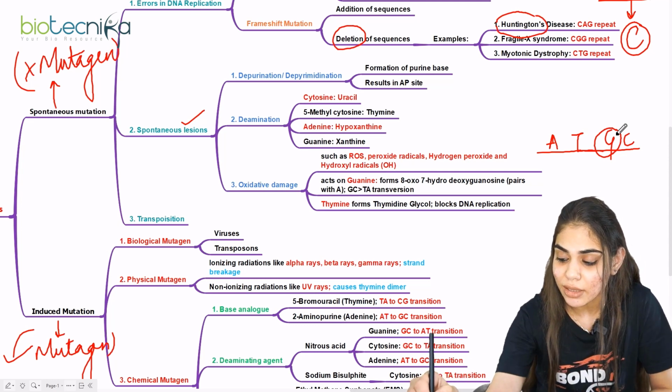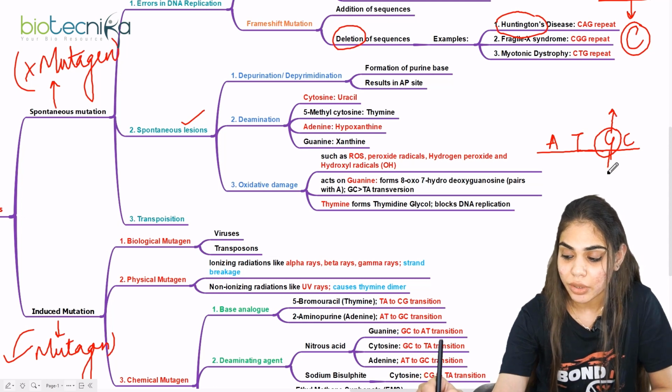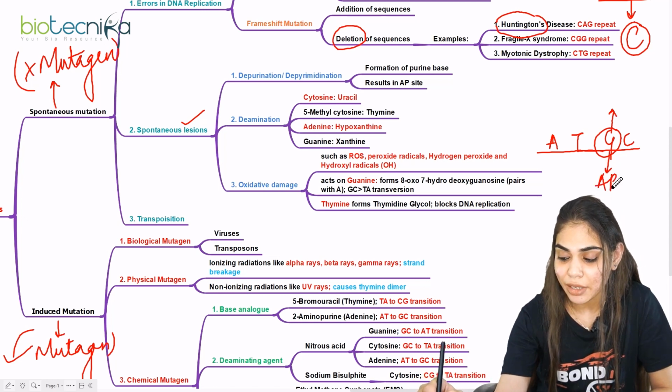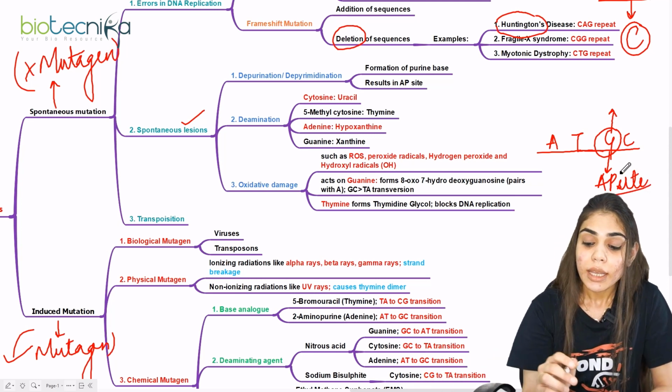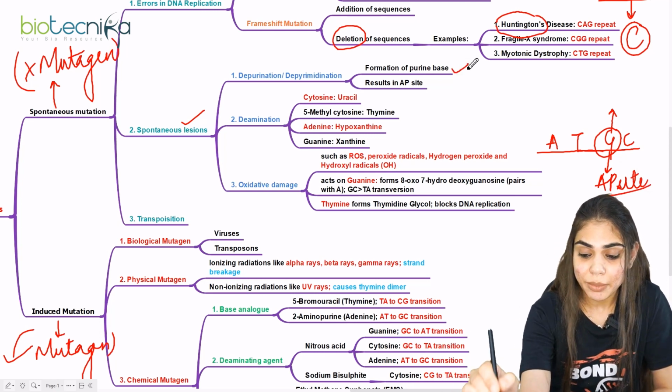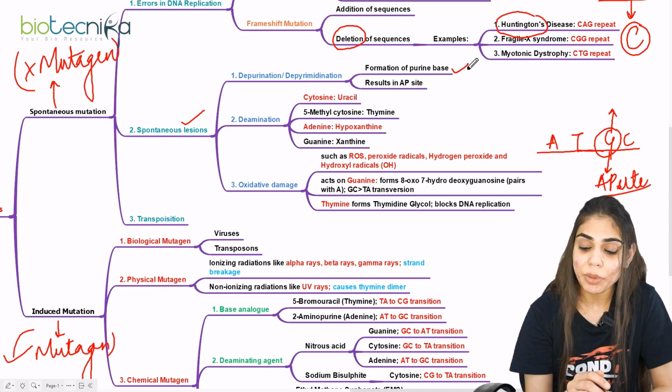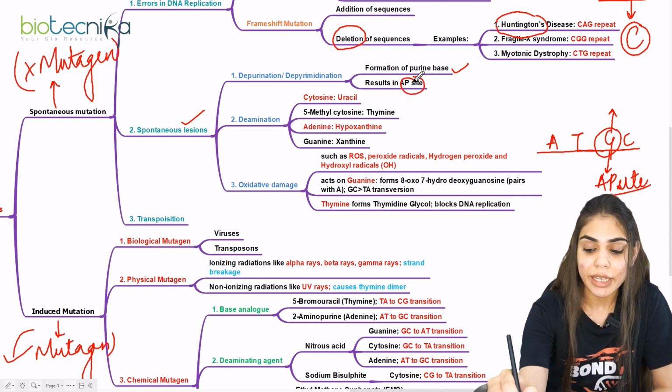Here guanine is a purine base, so this will create an AP site, which stands for apurinic site.